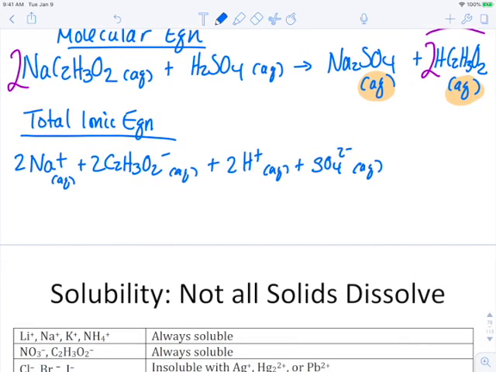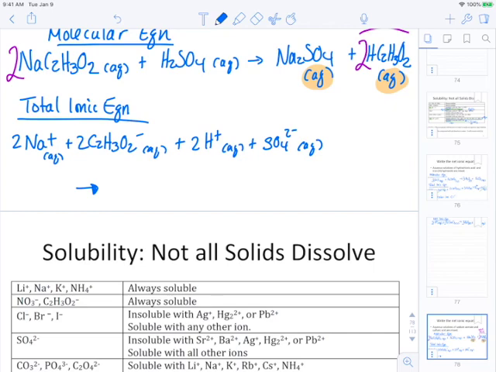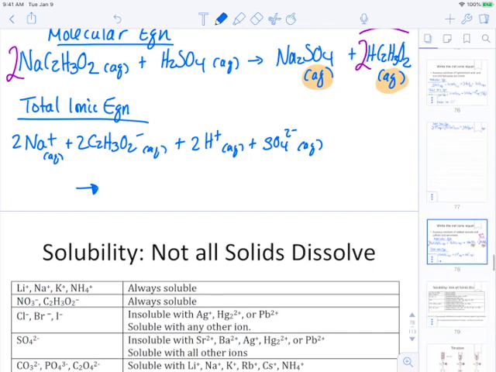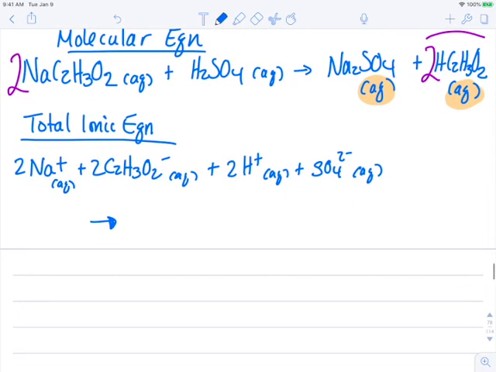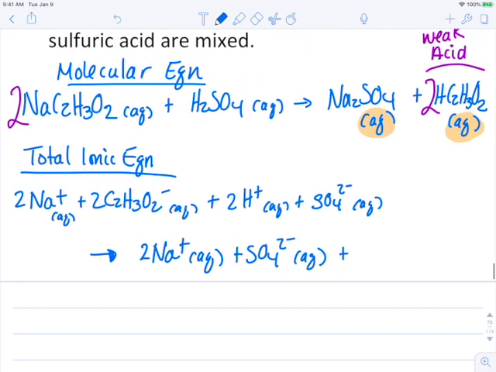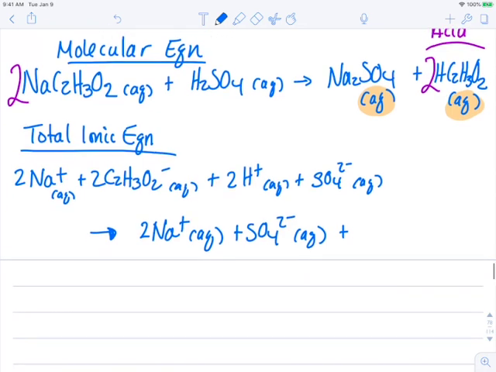All right, now I'm going to do the products. Let me get our solubility table out of the way. All right, so the products, we have sodium sulfate, so I'm going to break that up. But the tricky thing is that the acetic acid is a weak acid, so you cannot break it up.